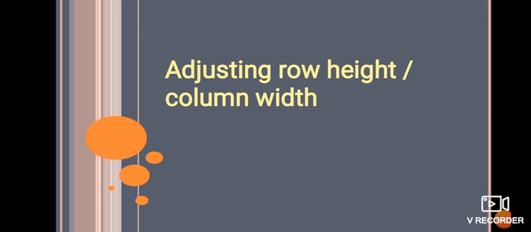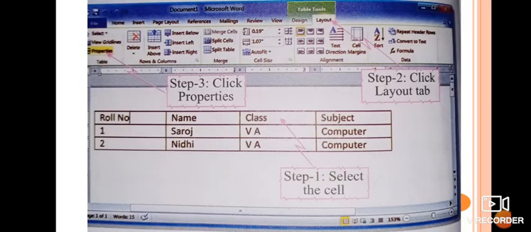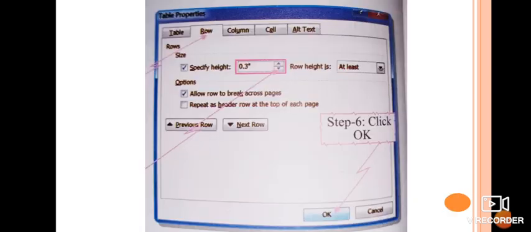These are: place the cursor on any cell in the row like this. Then click the Layout tab. Step number 2 is click the Layout tab. Then step 3, click Properties from the Table group. The Table Properties dialog box will appear. Then like this, the Table Properties box appears.